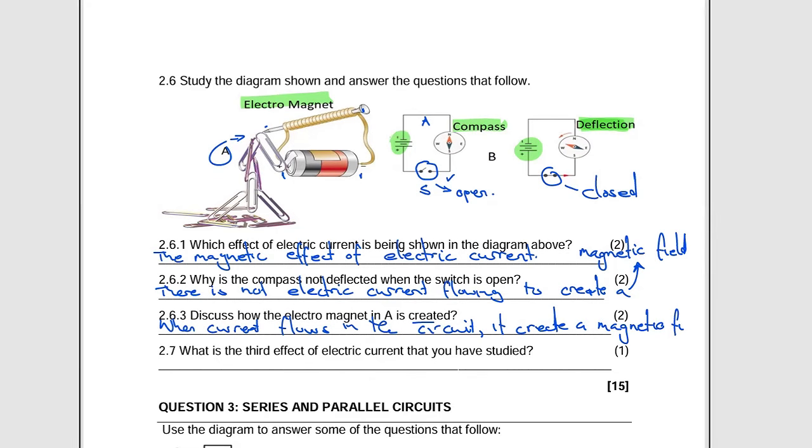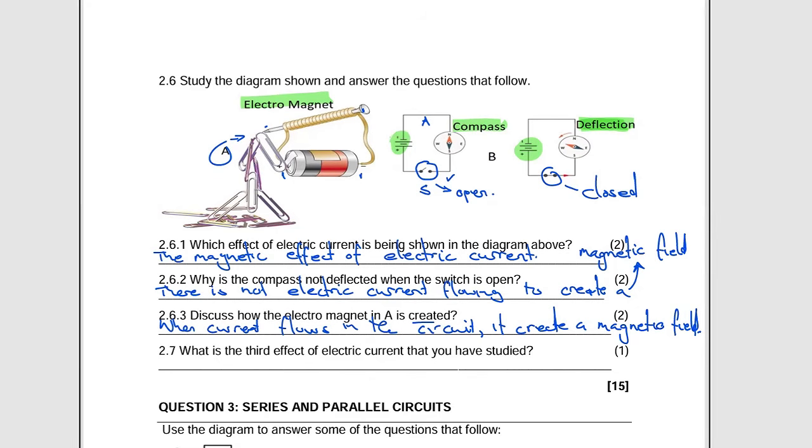So discuss how the electromagnet in A is created. When the current flows in the circuit, it creates a magnetic field. So that's how the electromagnet in A is created.